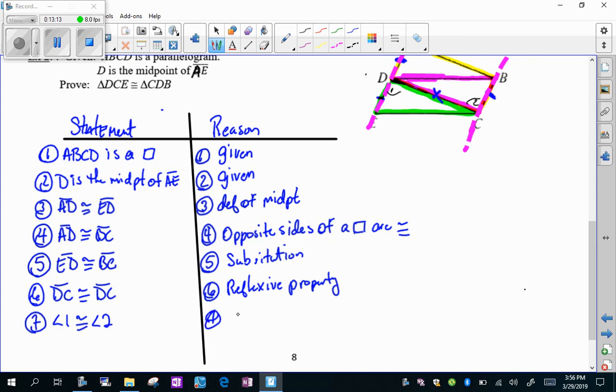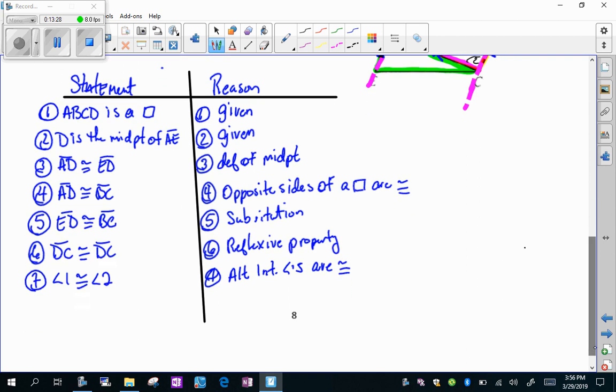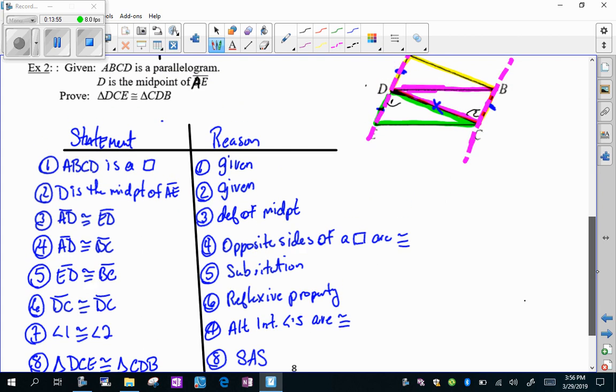And the reason is alternate interior angles are congruent. And 8, I can say that triangle DCE is congruent to triangle CDB. And the reason for that is side angle side. All right, so I have my side, my angle, and my side.